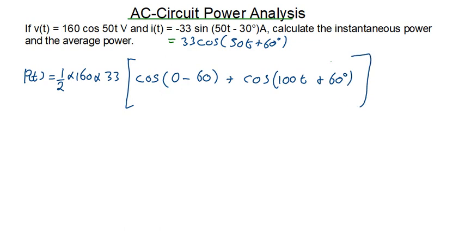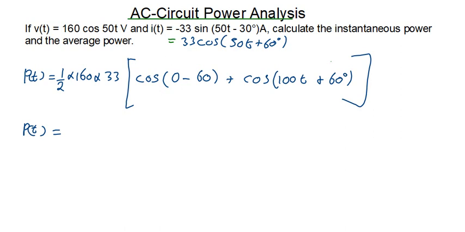So now the instantaneous power will be equal to 160 multiplied by 33, which gives me 5280.